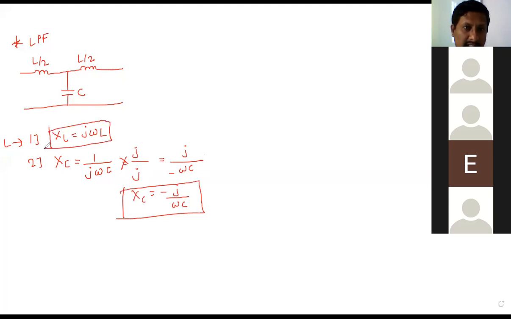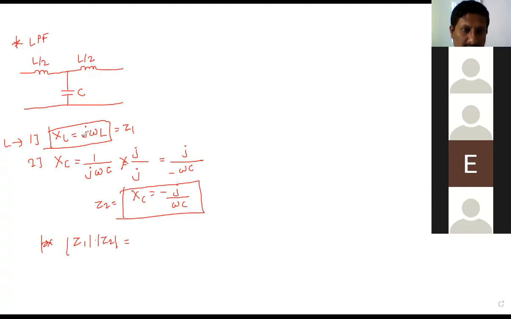So again we have taken the mod. So the mod of, let us call this Z1 and this Z2. So Z1 mod into Z2.